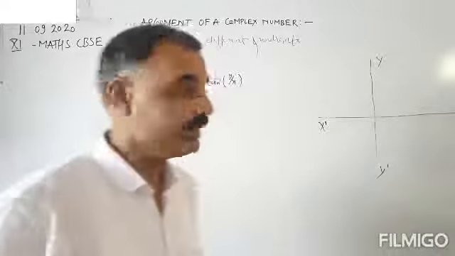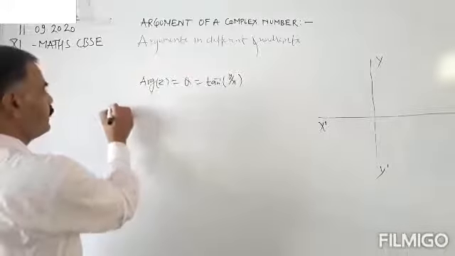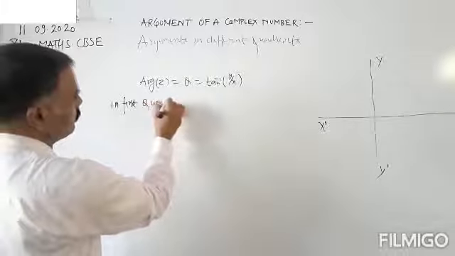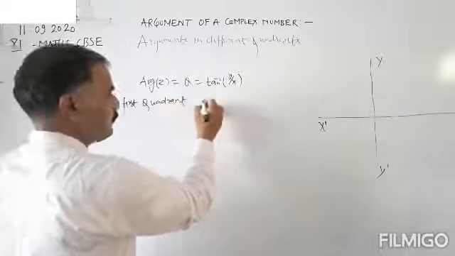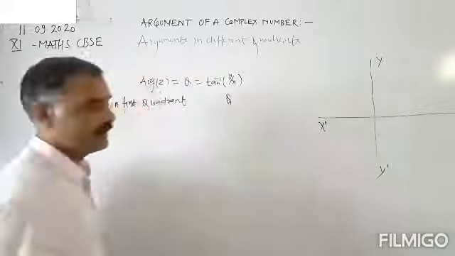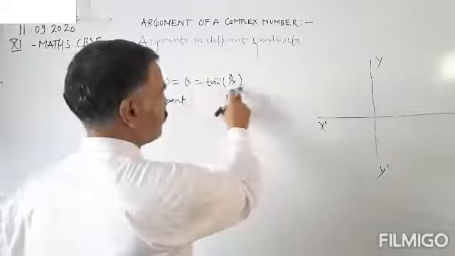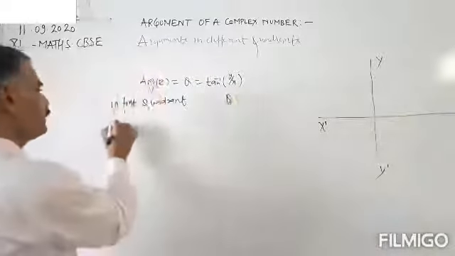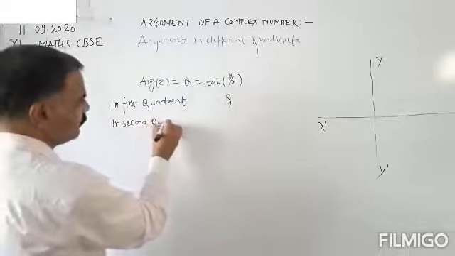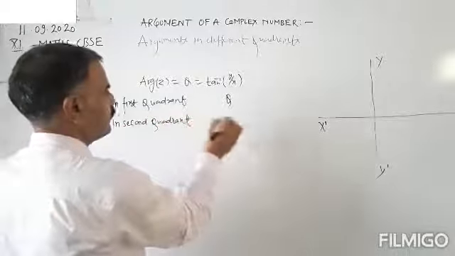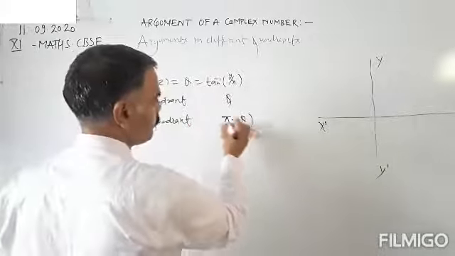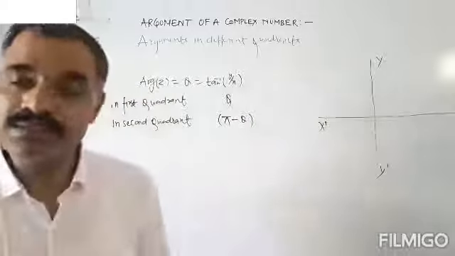In the first quadrant the argument is simply written as theta, that is equal to tan inverse y upon x. But in the second quadrant the argument is pi minus theta.